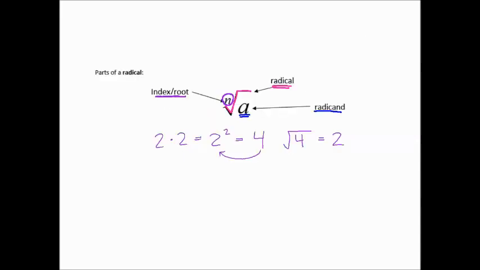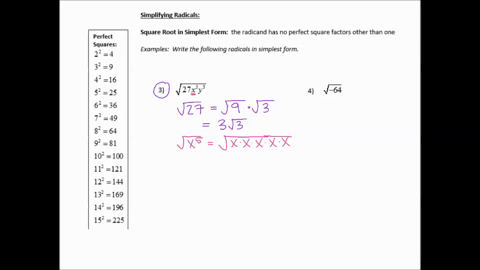Just like we had our 2 times 2 gave us 4, for the square root, we're looking for pairs. So here I'm going to circle all of the pairs of x's that I see. I have a pair of x's here. For every one pair of x's, I'm going to write an x on the outside. So one pair of x, I can pull one out.